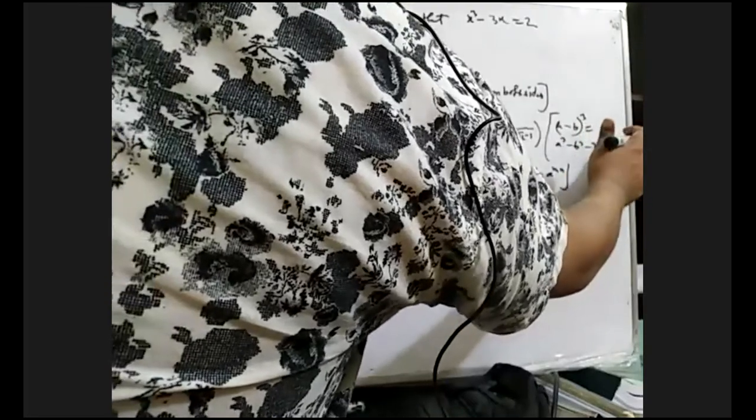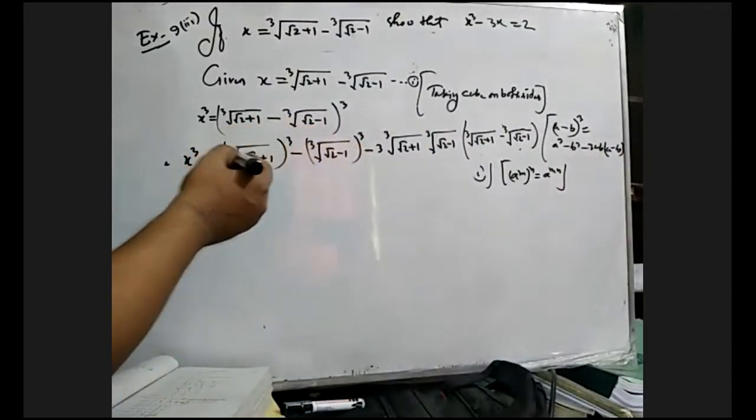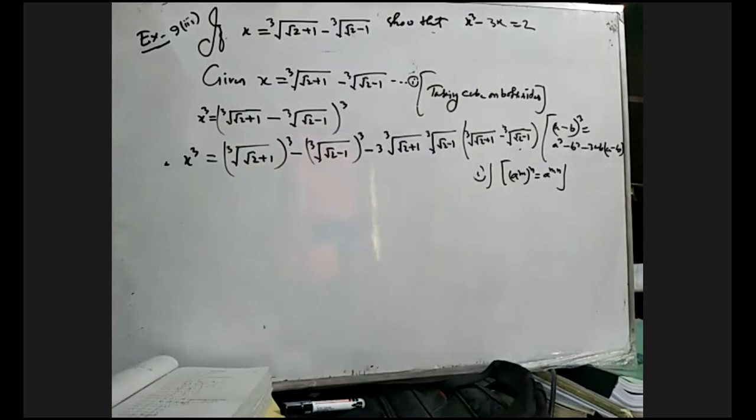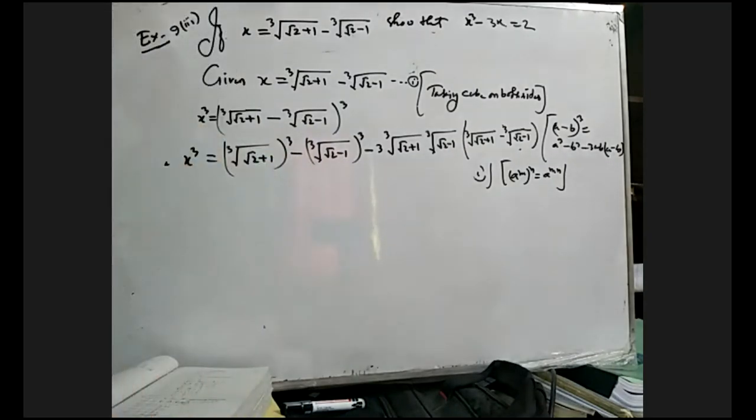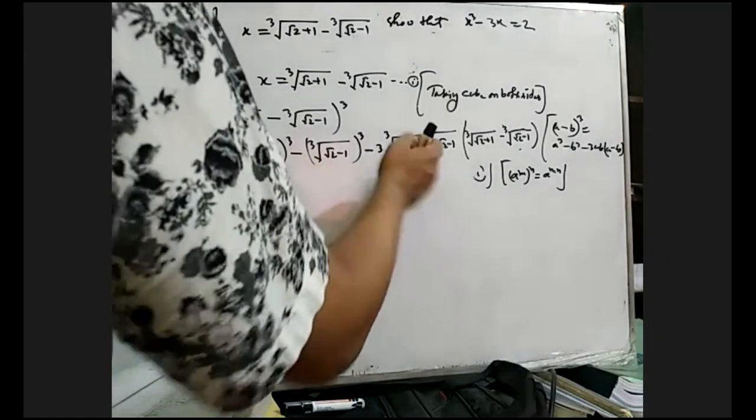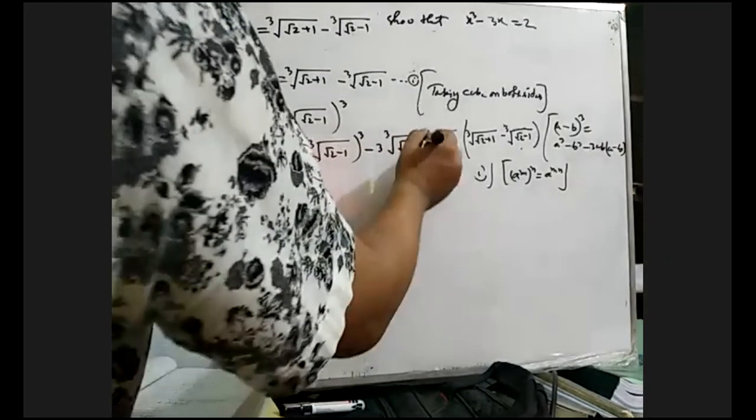So the a minus b whole cube formula is a cube minus b cube minus thrice ab into a minus b. Okay, just using this one. The a minus b whole cube formula is a cube minus b cube minus thrice ab into a minus b.